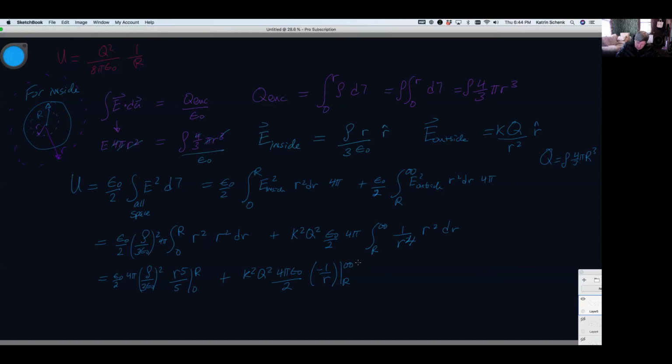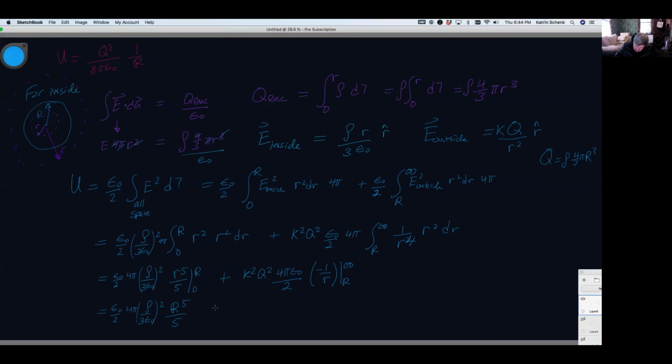Okay, doing these out, this is going to be just big R to the 5th over 5. So we have epsilon naught over 2 times 4 pi rho over 3 epsilon naught squared, big R to the 5th over 5. And then the minus signs will cancel here, because this will be minus 1 over infinity, which is 0, and then minus 1 over R, but there's another minus sign, so it cancels.